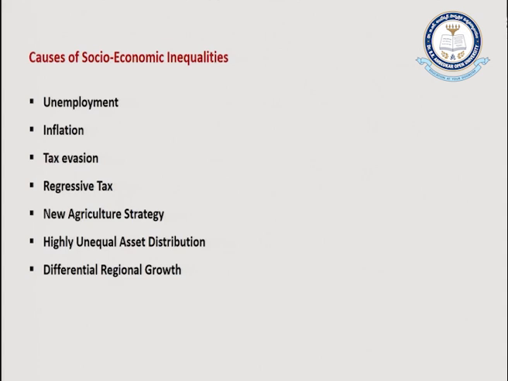The new agriculture strategy, whatever strategy has been brought in, also has an impact on socio-economic inequality. Differential regional growth means the government puts different interventions in different locations, and because of that socio-economic inequalities may definitely occur.